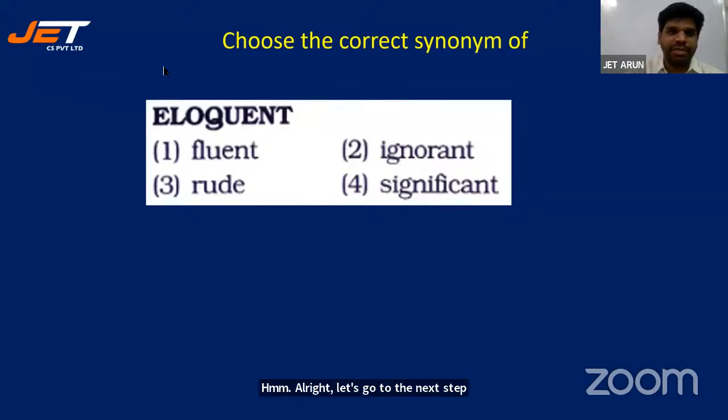What does eloquent mean? Does it mean fluent, ignorant, rude, or significant? Fluent, ignorant, rude, significant. Okay.